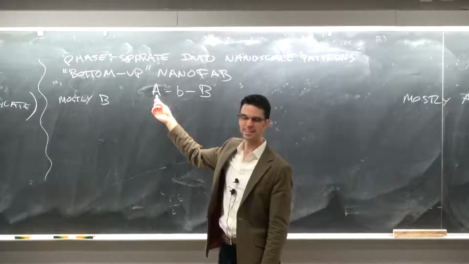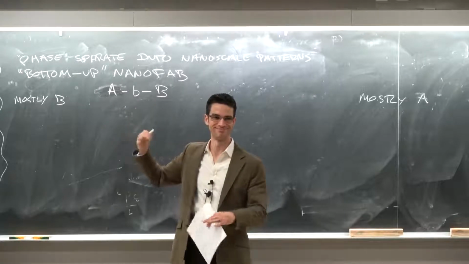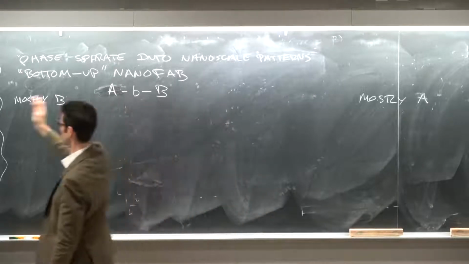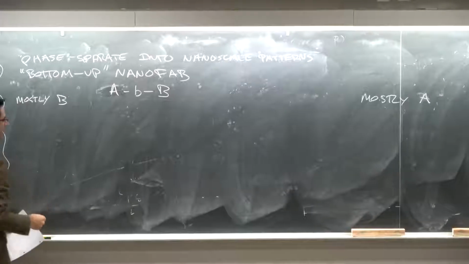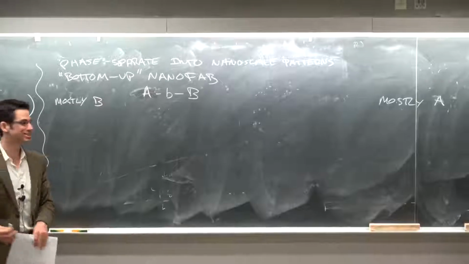So let's say this is 10 repeat units and this is like 1,000,000 repeat units, or some ratio all the way to one side. Okay, that's too big a difference. Let's say 1,000 and 10,000.